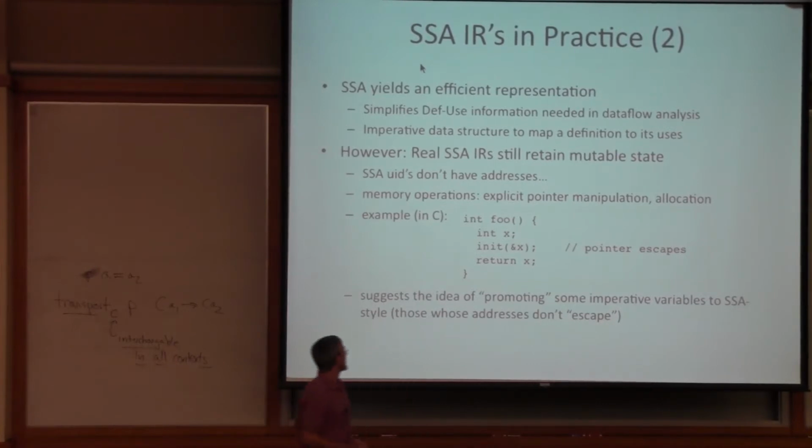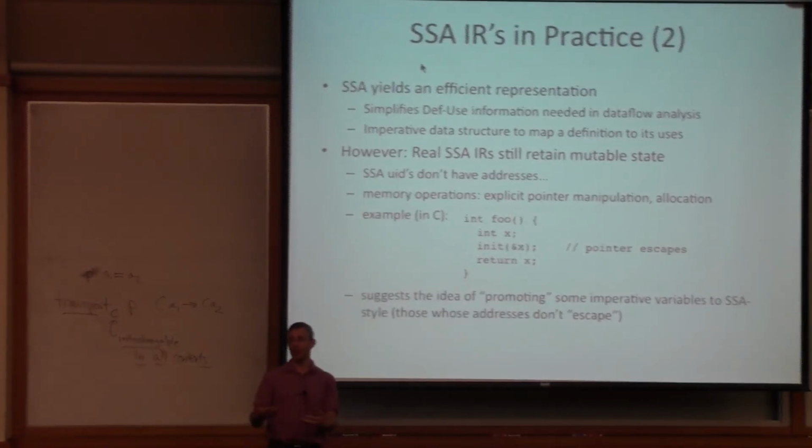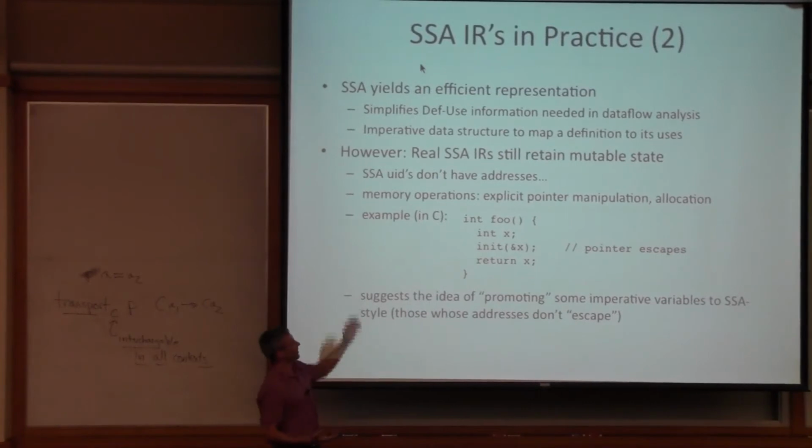There's one subtlety, though. In practice, you can't always do the transformation I just showed you. Sometimes you have programs that do manipulate pointer-based data. These SSA UIDs, these local identifiers, don't have addresses of any kind. So in any programming language where you can take the address of some piece of data and manipulate pointers, you can't necessarily convert directly into SSA form like this.